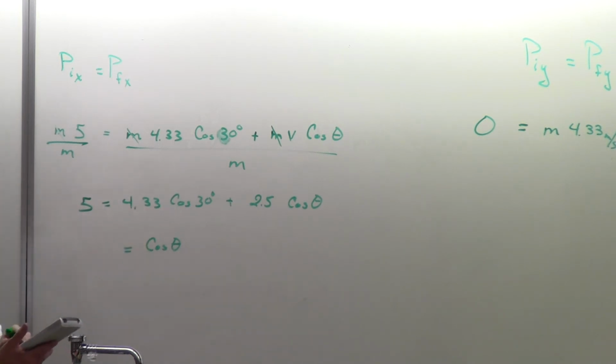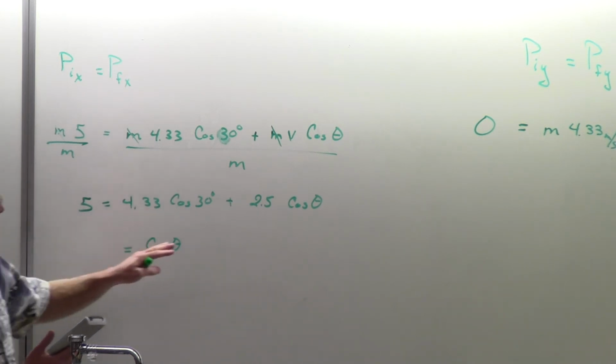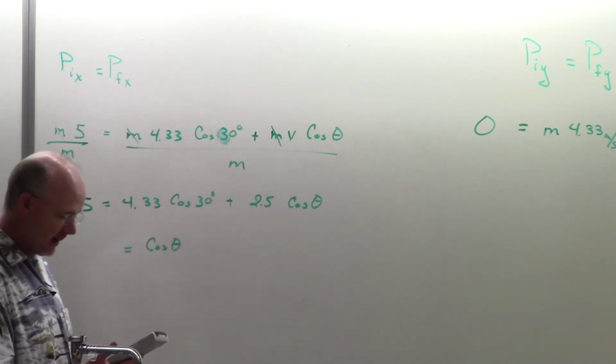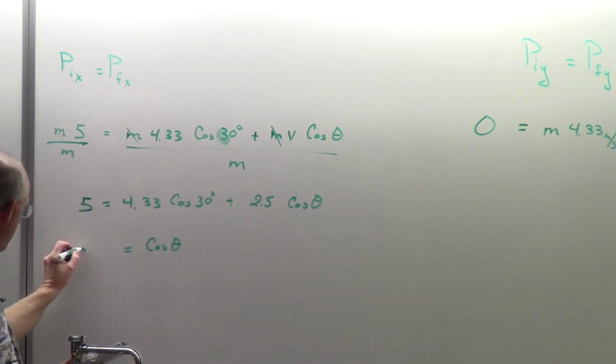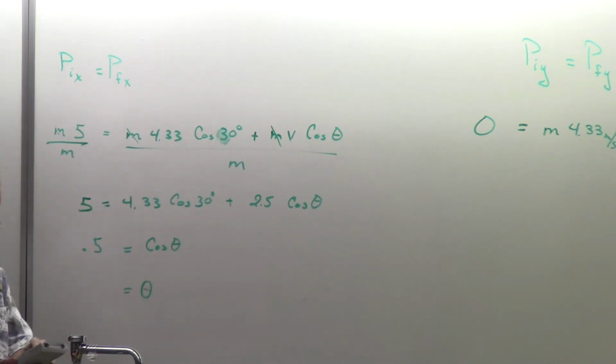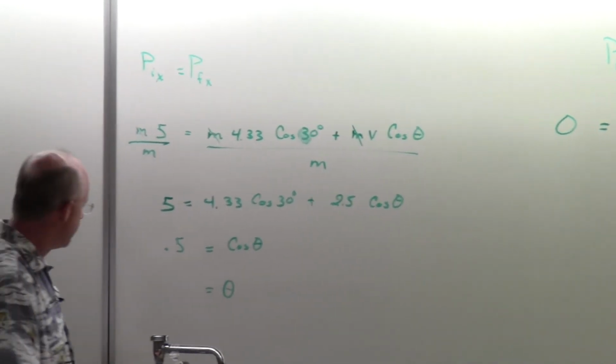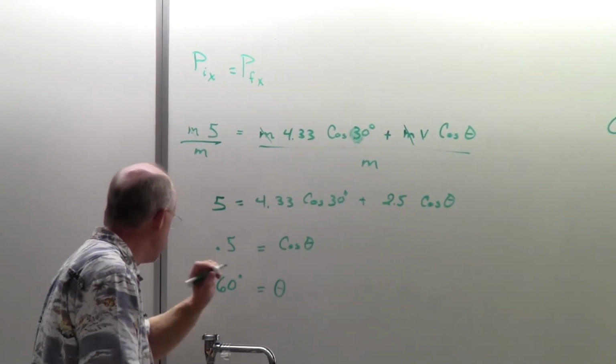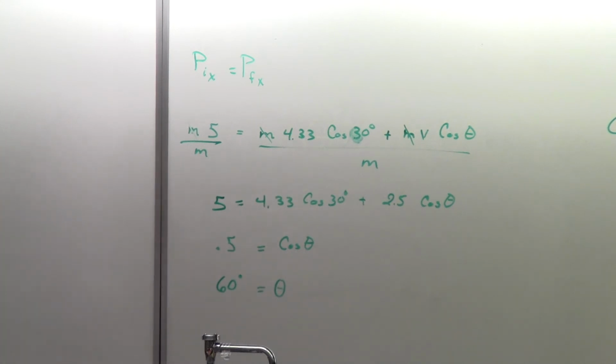Then if I divide that by 2.5, I get 0.5, which then means if I take the arc cosine of that, I get an angle of 60 degrees. So this says, whoops, 60 degrees. I didn't mean to write 90, but I might as well say it.